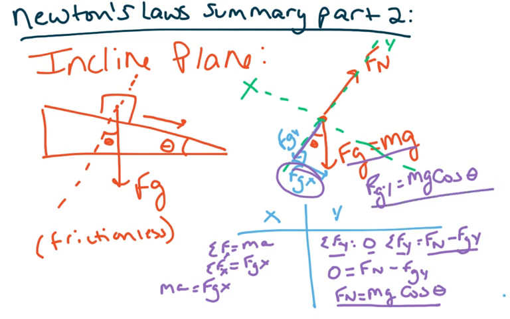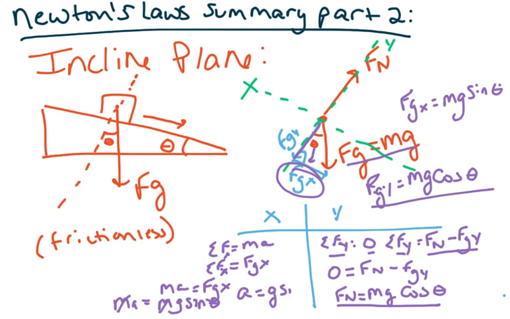Just like we did over here for the vertical, we can make an equation for the horizontal, which is mass times the gravitational field strength. This is the opposite side of the angle, so it's sine of theta. So my mass times acceleration equals mass times the gravitational field strength times the sine of theta. Well, everybody brought the same mass to the party, so my mass is reduced if I divide both sides by the mass.